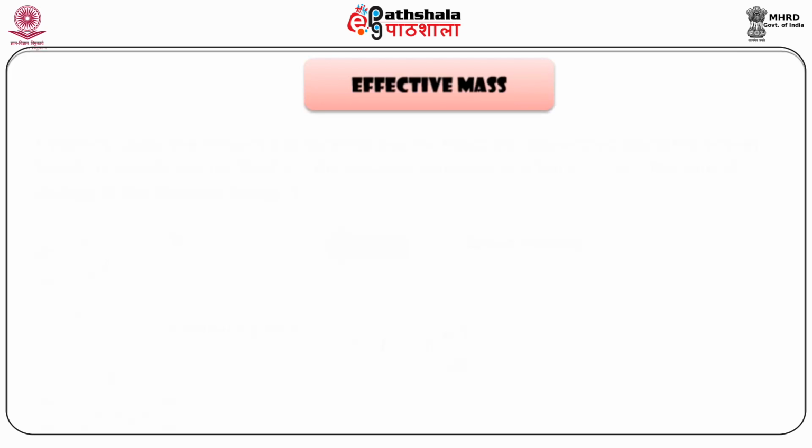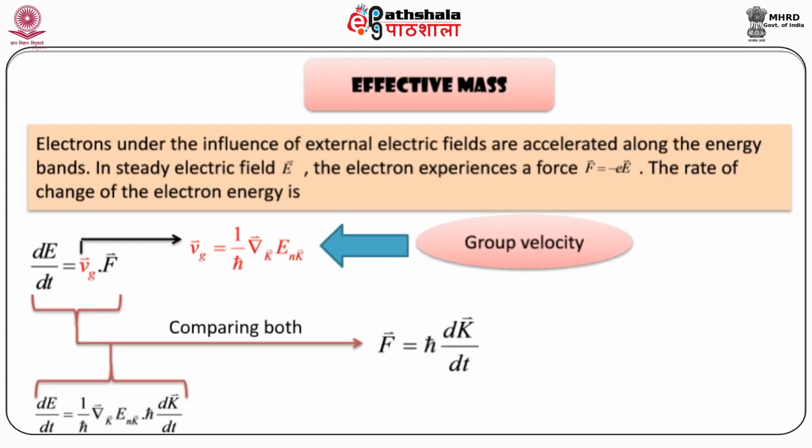Electrons under the influence of external electric fields are accelerated along the energy bands. In a steady electric field E, the electron experiences a force equal to minus the electronic charge multiplied by the electric field E. The rate of change of the electron energy is dE/dt equal to the group velocity Vg dot F, the force, where the group velocity Vg is equal to 1/h-bar times the gradient of E(k).